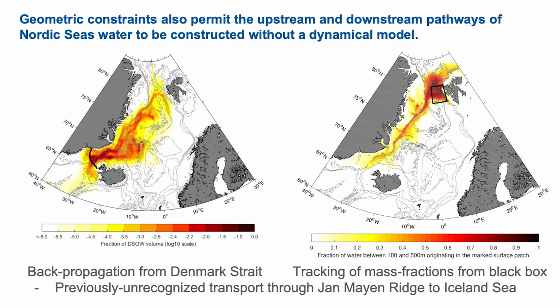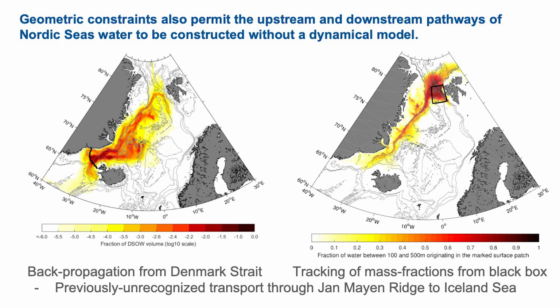The one on the left here is interesting. There's no reason why time has to go forward. What if we dye a gateway at the Denmark Strait and ask, where did the water come from, instead of where is it going? We get some very interesting things. It's not just the East Greenland Current that matters, but there's a pathway that goes close to Jan Mayen in the center of the Nordic Seas. It's clear if you look at Iceland-Scotland or Faroe Bank Channel overflow water.